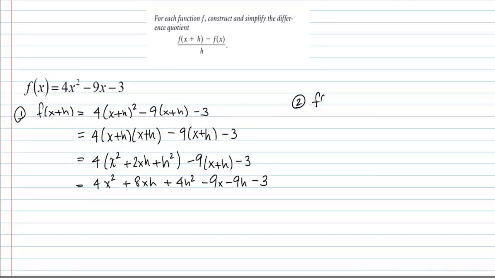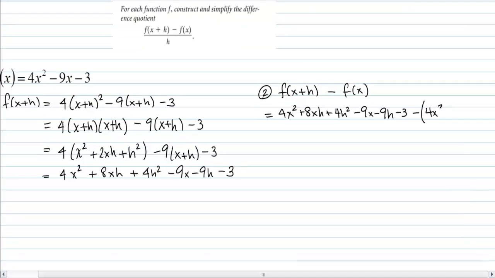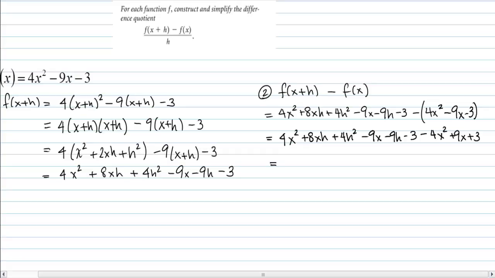Step 2 is to take f of x plus h and subtract from the original function, making sure you put the original function inside of parentheses. Distribute the parentheses and combine like terms.